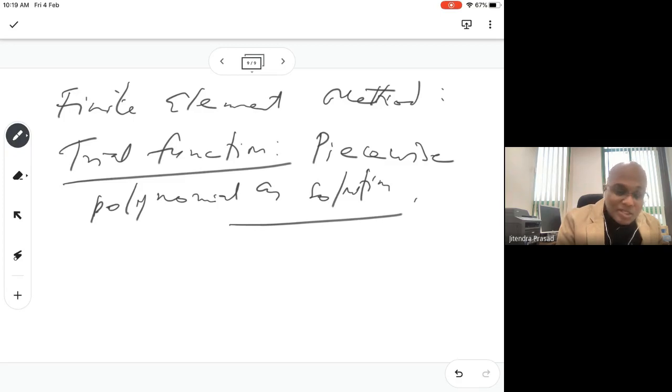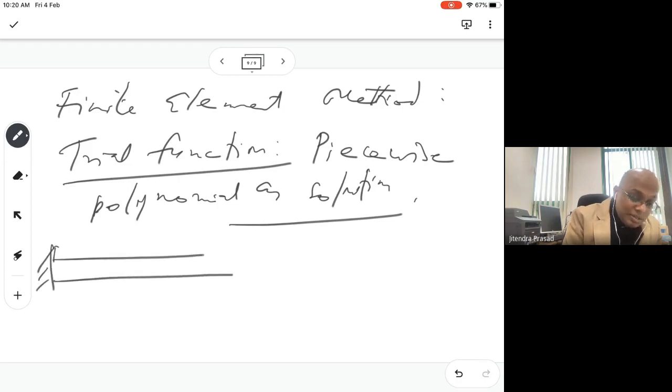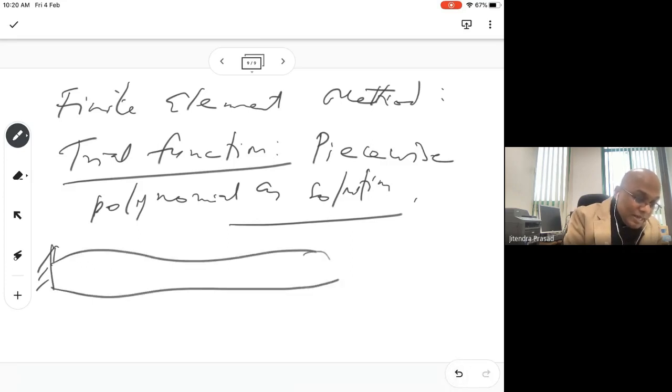And how do we do it? Let us say you have the same problem we are talking about. Of course, we know that area can change, so area is a function of x. E can also change, it is a function of x.